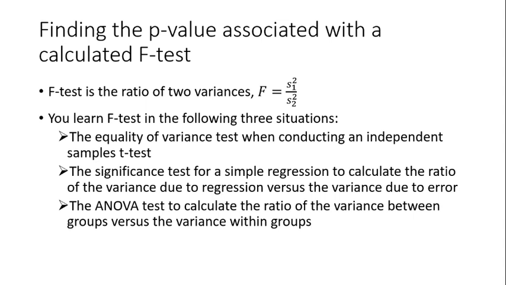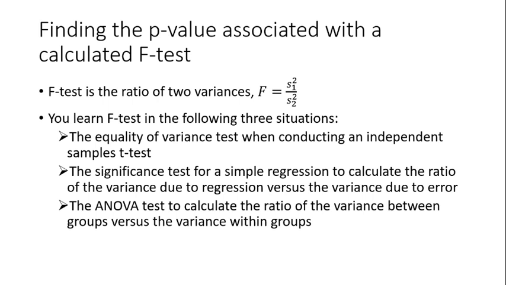The second situation is when we're doing simple regression, and after we calculate the regression line, we need to do a significance test in terms of the quality of this simple regression line. To calculate that, it's a ratio of the variance due to regression versus the variance due to the error term. And this is just a simple comparison.